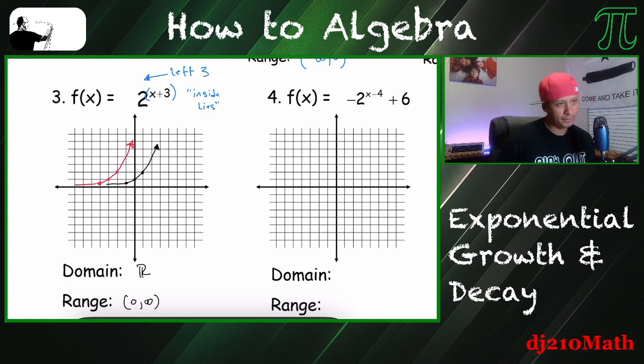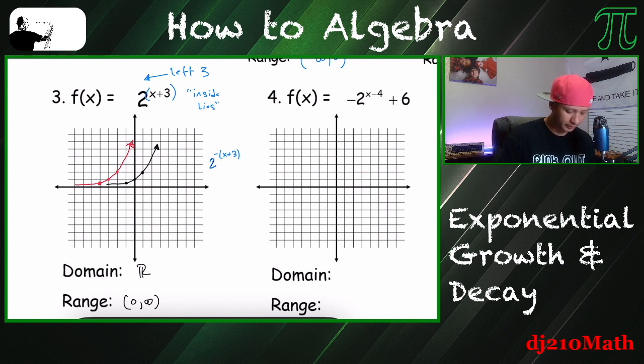Okay, it's not in here, but it's worth noting that if I wanted to do it in blue, 2 to the negative x plus 3, right, the negative that's outside of the parentheses, what does this do? Normally we know that it'll typically reflect it across the y-axis. It's going to reflect it across a vertical axis for sure, but not the y-axis.